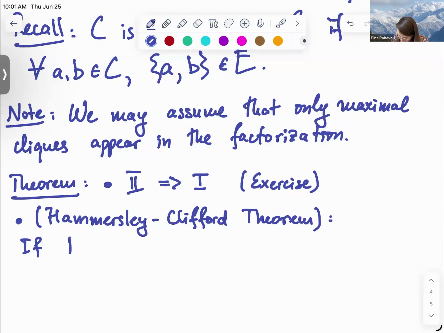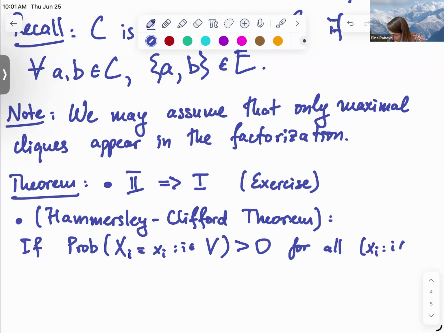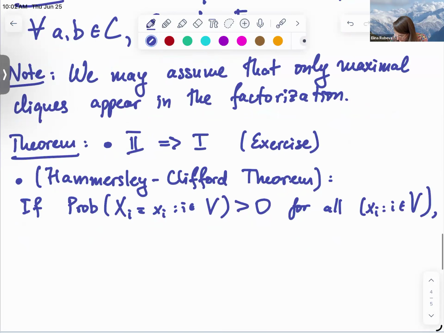So if the probability mass function P(X_i = x_i) is always positive, so it's positive for all values, for all little x_V, so it's positive everywhere, so every possible assignment has a positive probability of appearing, then 1 implies 2.